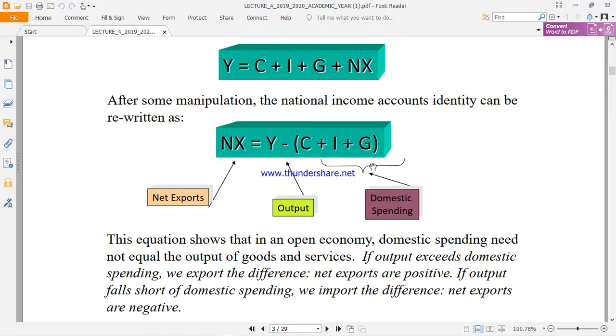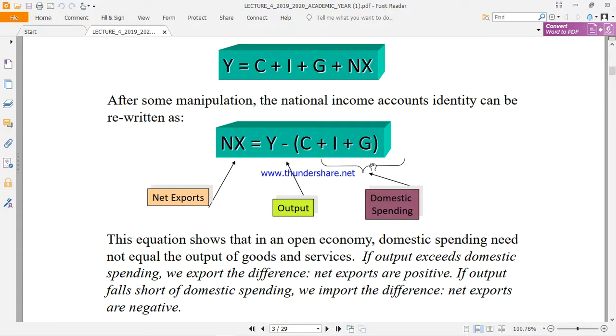And then we expect net exports to be negative. Why should they be negative? Mind you, net exports is just the difference between what we export and what we import. If what we export is less than what we import, our answer is going to be negative. And the moment net exports are negative, we understand that our economy is not doing well.